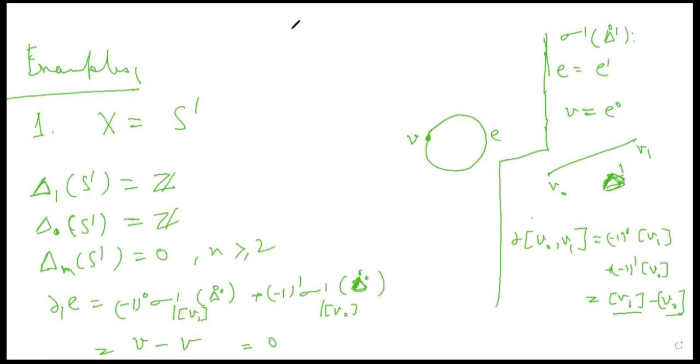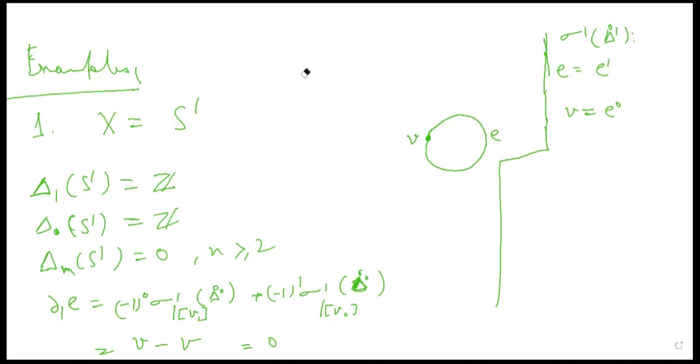Or, if you want to use the simple method, then for V1, sigma applied over V naught V1, you can just write V1 minus V naught.